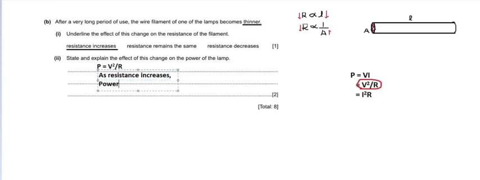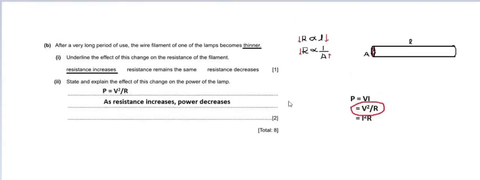Power decreases. Why does it decrease? Because of the inverse proportionality. What is the relation between the power and the resistance? P is inversely proportional to R because R is in the denominator. That's why if R increases, P should decrease.